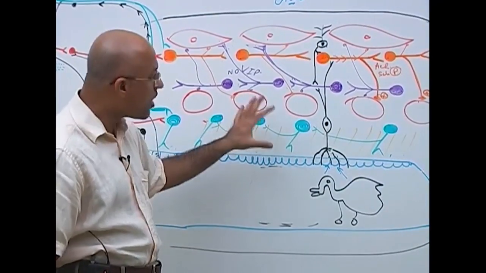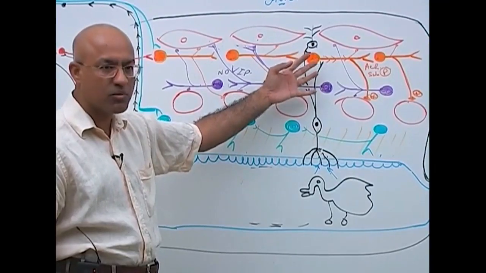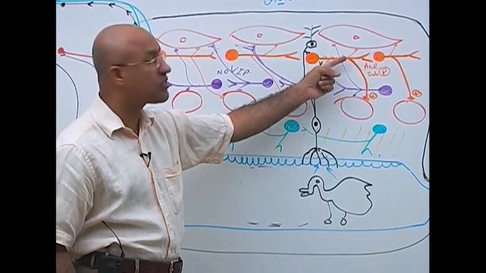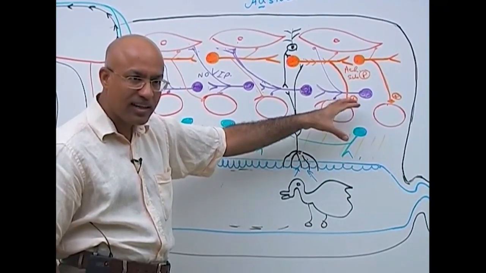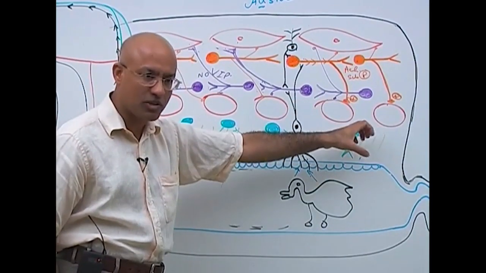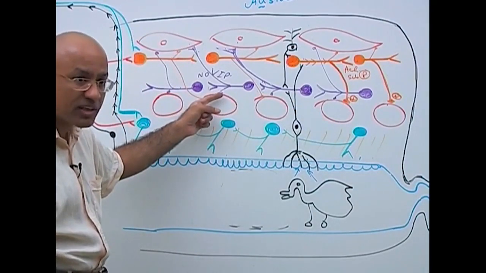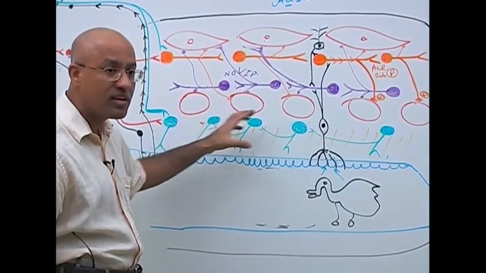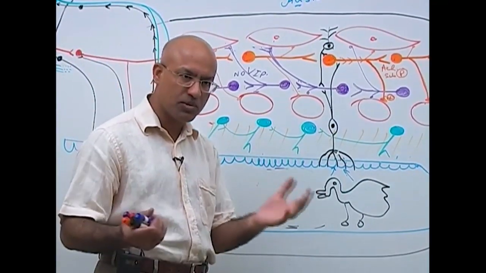Now, what you need to remember is that whenever the enteric plexus is stimulated, the ascending neurons stimulate the circular layer just above the stimulus, on the oral side. And the descending neuronal system inhibits the circular neurons just aboral to the stimulus. Am I clear? Any question up to this?